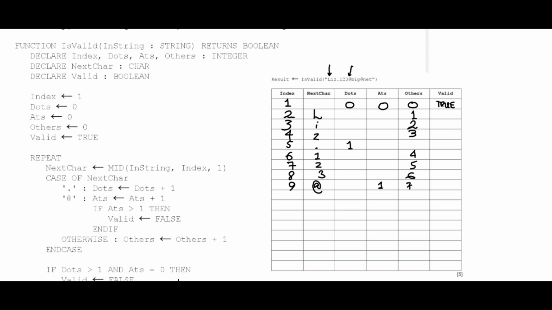We increment the index because dot is still less than, it's not greater than 1, it's just 1. And at is not equal to 0. So this still isn't implied, so we're going to be going to the index position once again. From the index position, so we're going to be assigning an error of false because we have 2 ats. Anyways, so then we're going to go ahead for big.